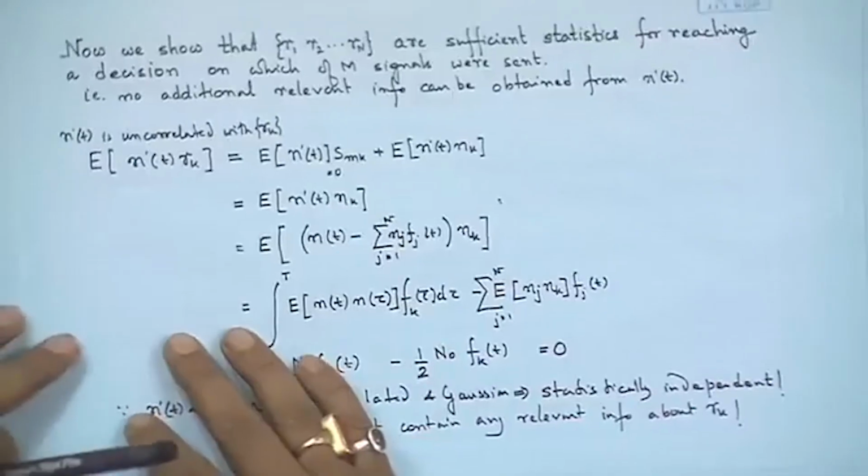But before proceeding to the matched filter receiver, let us briefly look at n prime of t, which we described in the previous lecture, and said that it is that component of noise which falls outside the basis set for the signal, or outside the signal space. So, let us quickly look at that and then proceed to the matched filter.